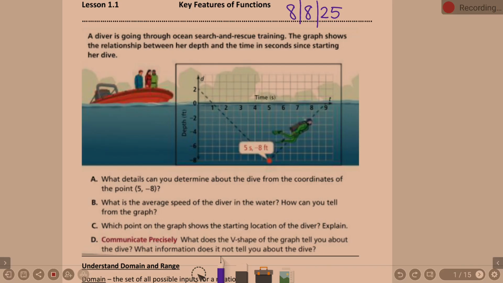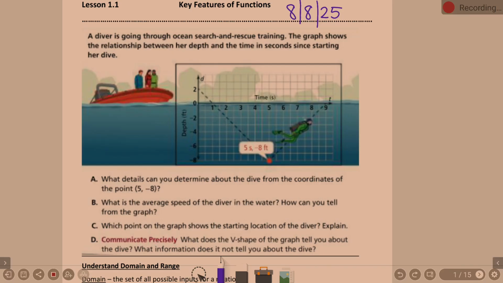What else? And there's one other key that we'll get to at some point here, but the only thing I'm being, I don't know, am I being nitpicky? It's not that she went down 8 feet in 5 seconds. That's where there's a little bit of a catch there.